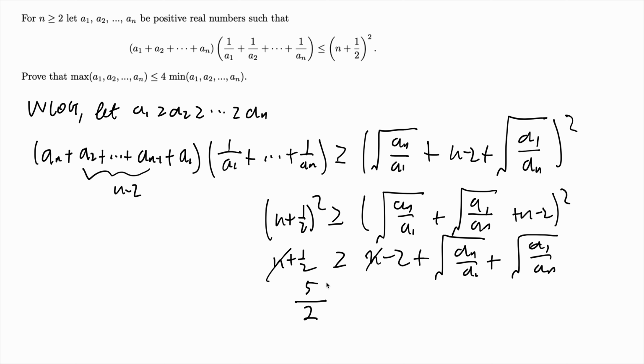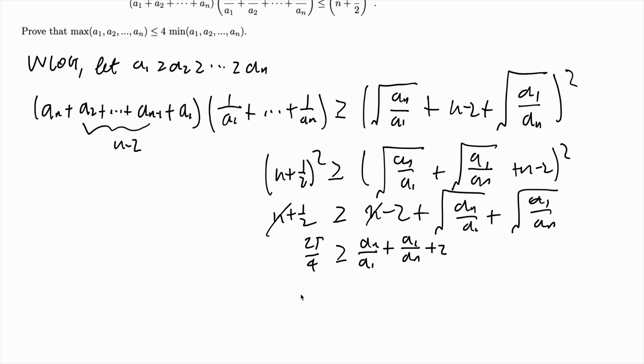5. Now you know what? Let's actually square this. So we have 25 over 4 is greater than or equal to a sub 1 over a sub n plus a sub n over a sub 1 plus 2.